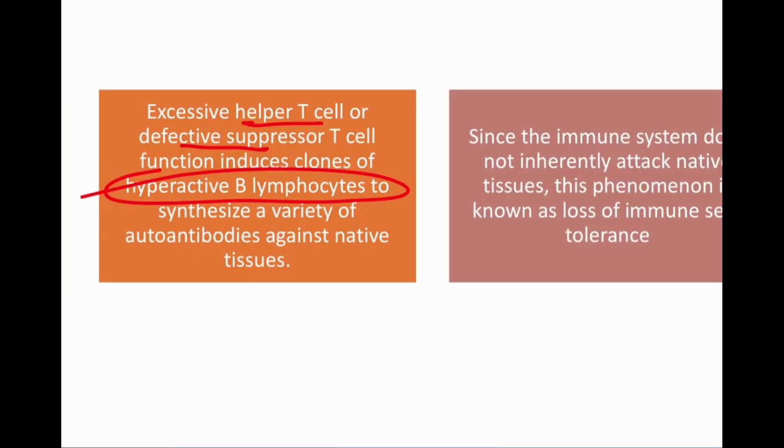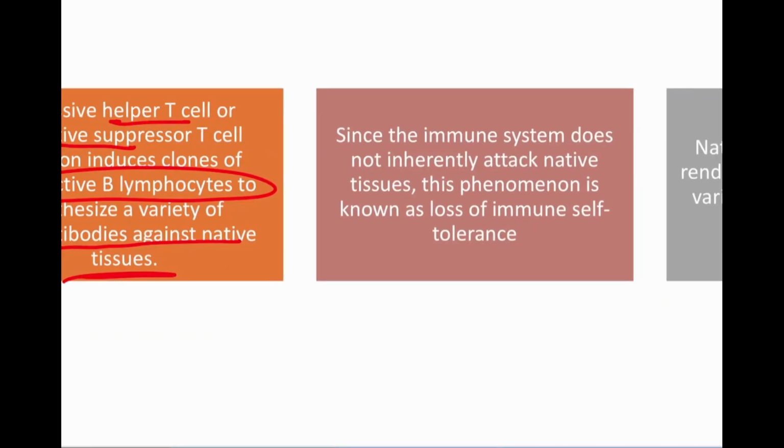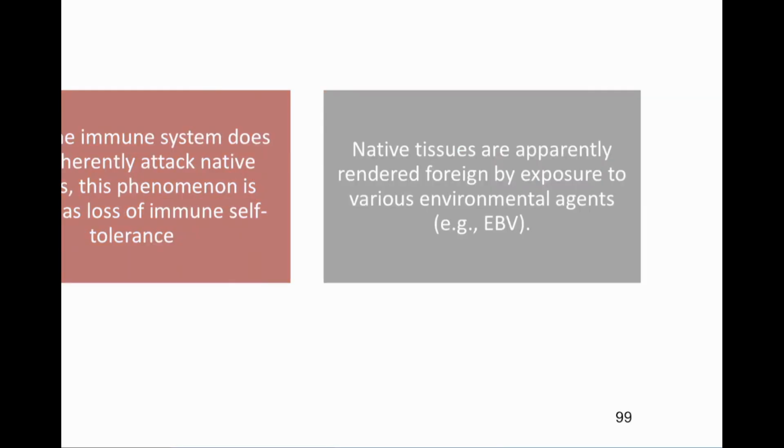And what happens is they get autoantibodies against native tissues. So the antibodies don't know self versus non-self, and it attacks you. Since the immune system does not inherently attack native tissues, this is loss of immune self-tolerance, or an autoimmune disease. And native tissues are apparently rendered foreign by exposure to various environmental agents.